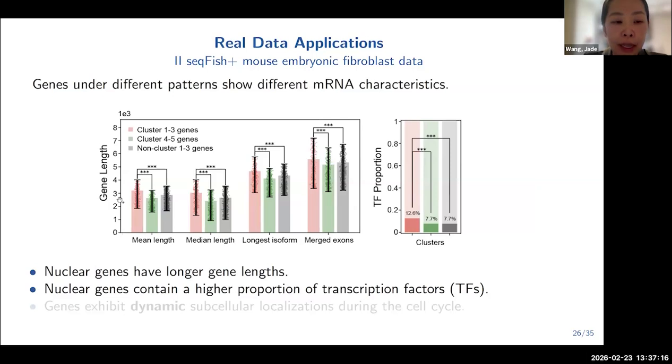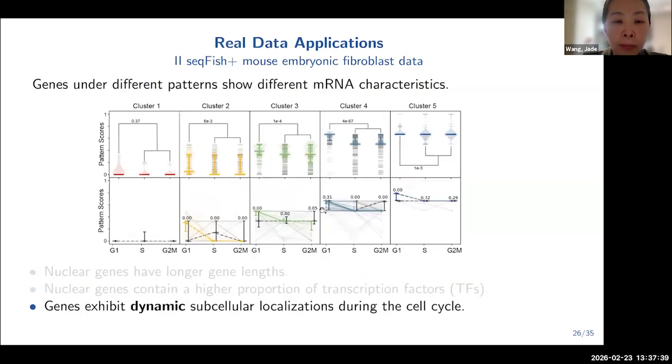For gene length, again, we see that nucleus genes tend to be longer, and for transcription factors, the nucleus genes tend to have more transcription factors. So we got consistent results across platforms and across cell types. We mentioned that this dataset has pretty good throughput.